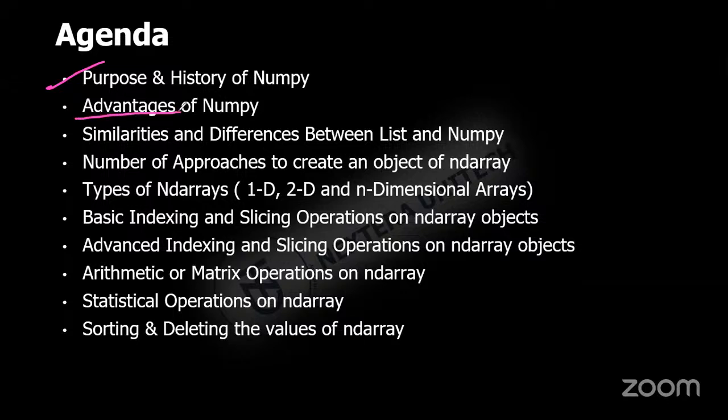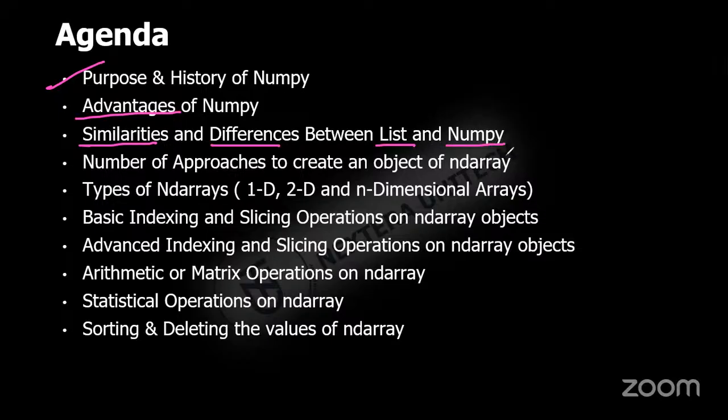NumPy is very fast. The arrays that we create using the NumPy module consume very little memory. And we also understood the similarities and the differences between the traditional Python object list and NumPy ND arrays.